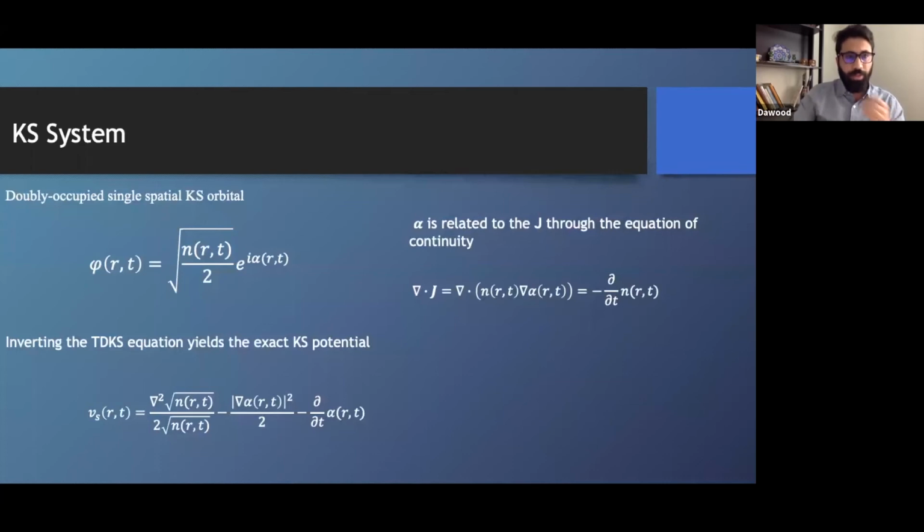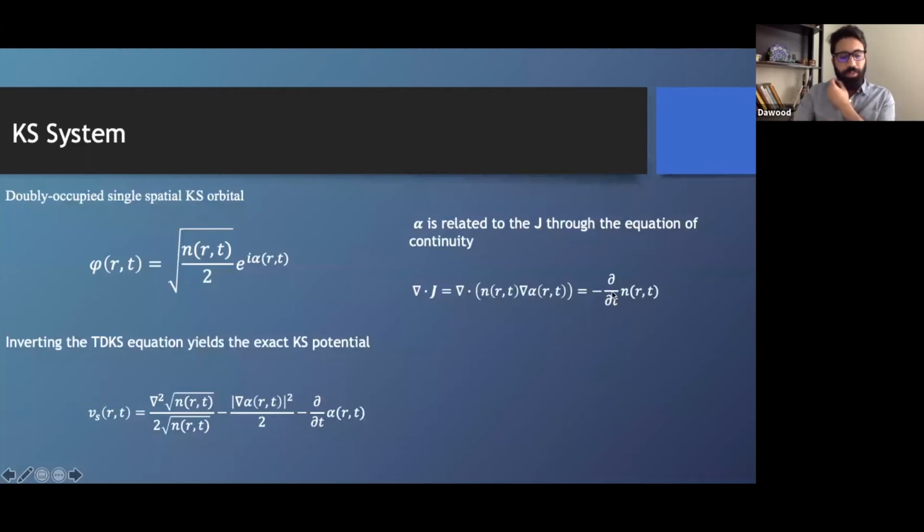And so our Kohn-Sham system consists of this doubly occupied single spatial KS orbital, characterized by the density and the phase. And this phase is related to the longitudinal component of the current through the equation of continuity.